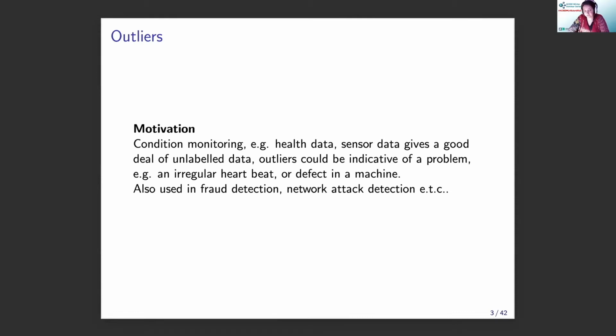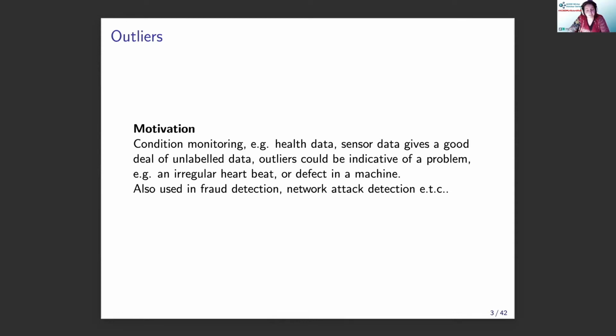Now, in condition monitoring, this is very important. In fact, in health data, sensor data, we get a huge amount of unlabeled data. If there's outliers in this data, so something that's not part of the original pattern, this could indicate a problem. So say there's a slightly irregular heartbeat or a slightly different pattern in the heartbeat. This could indicate that somebody has a real problem.